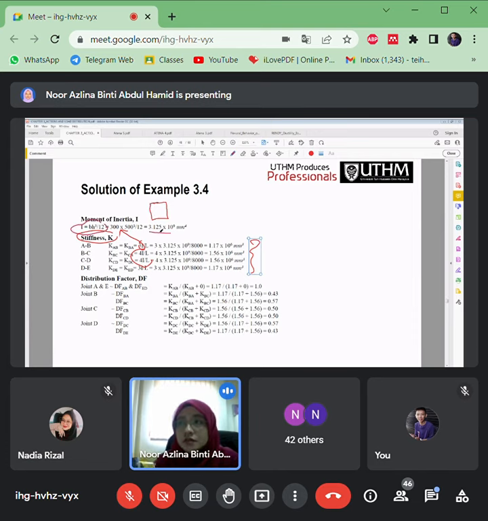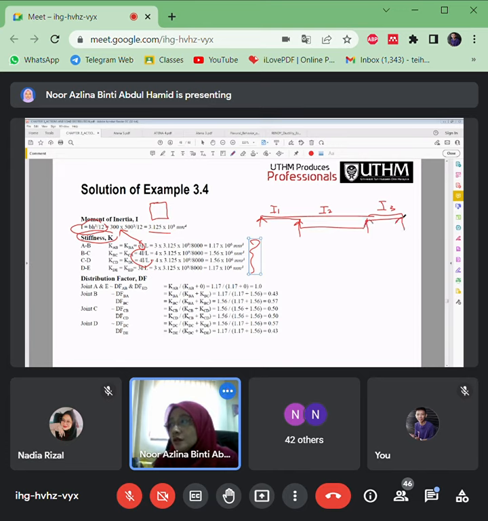The I here is based on the cross sections of the beam according to these equations. This is the I for all the beams. There are also cases with different dimensions. This is a different I1, this is a different I2, this is a different I3. Why three different I for this continuous beam?